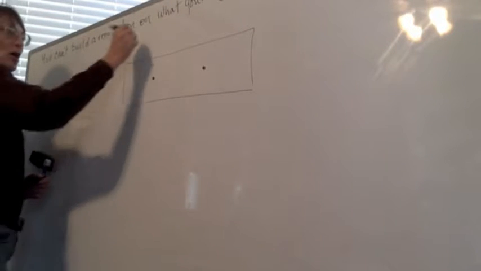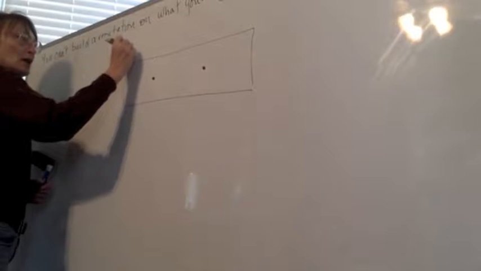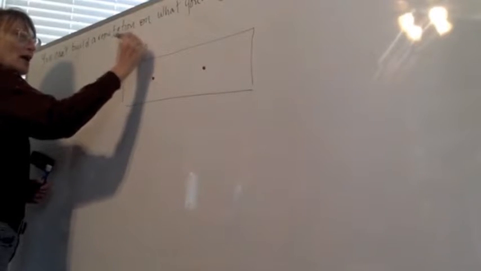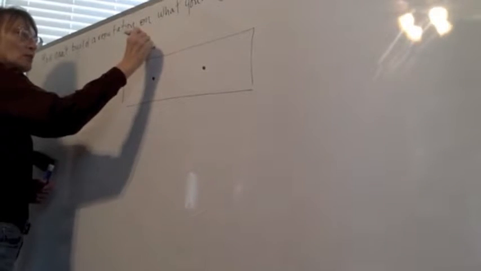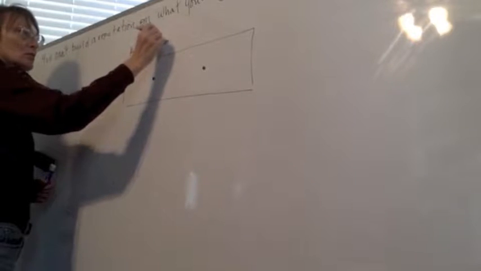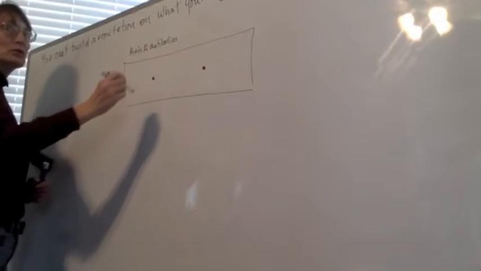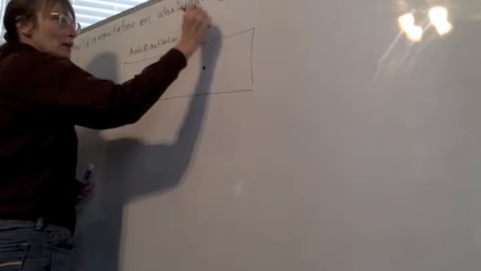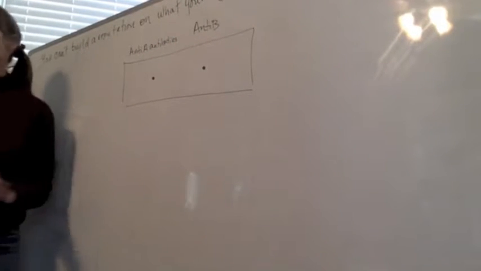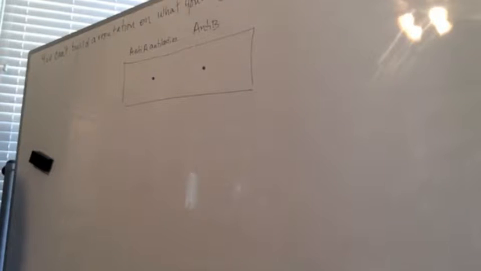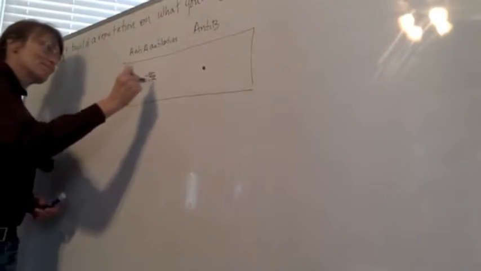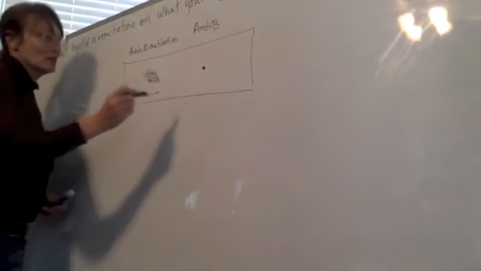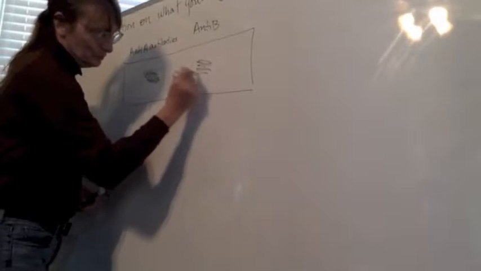And then on this drop, you put anti-A antibodies or anti-A agglutinins. Over here, you put anti-B agglutinins. Okay, you just drop it on there, and you mix it up.